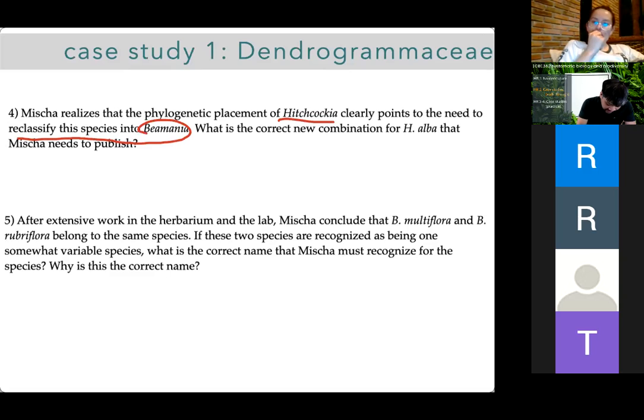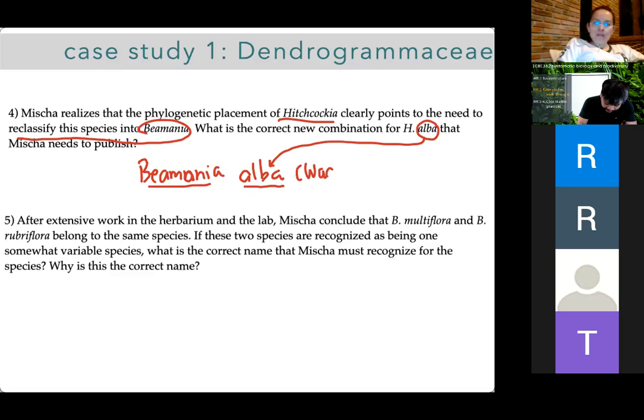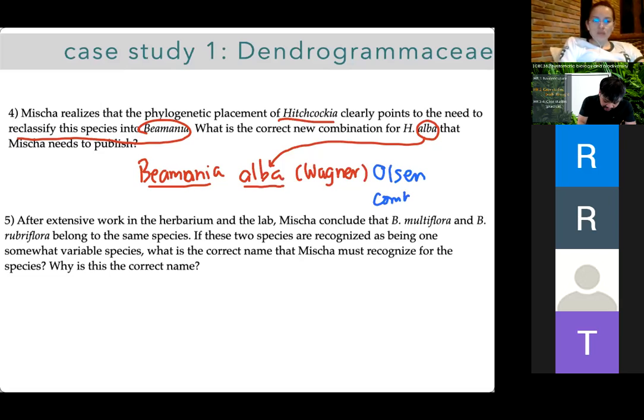So the same thing here, right? So Bimania alba gets moved into this genus. The alba comes from Wagner back in the day, and now the one doing the combination is Misha, so I have to put her name here. Misha is a first name, so you always use the last name, so Olsen. And this is also a combinatio nova.